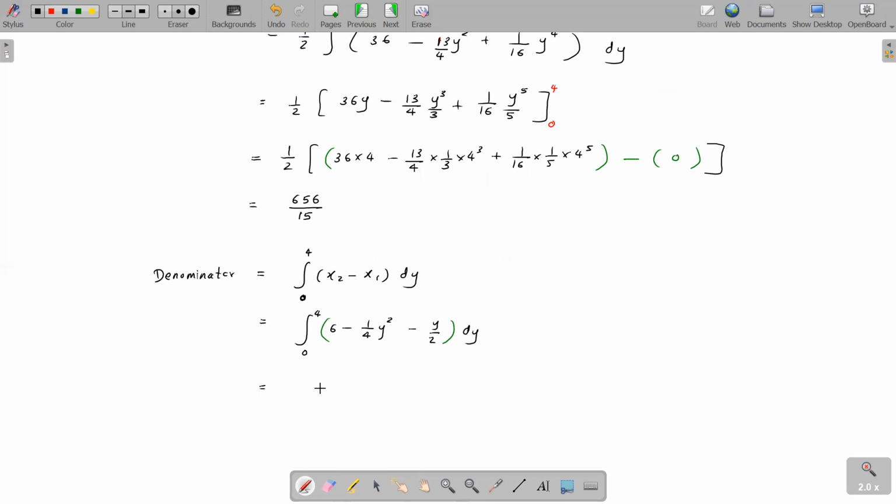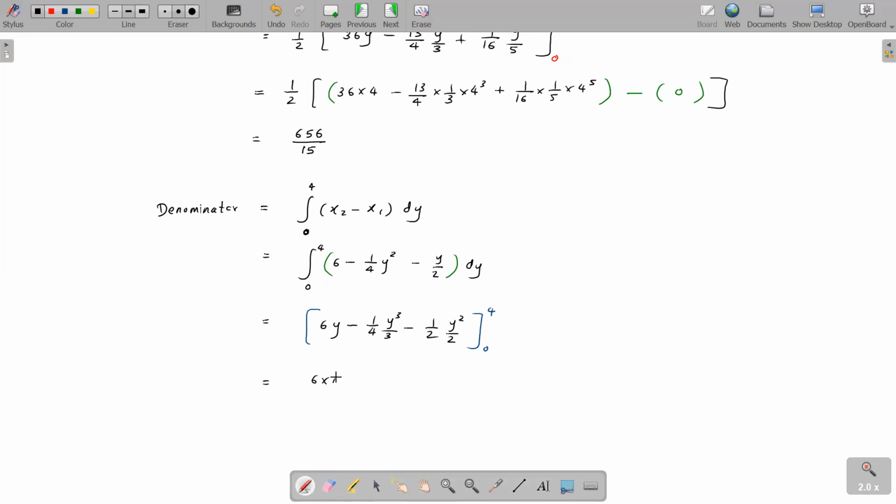Okay, so now I think over here there's nothing to do much. So you can directly go for the integration. This is 6y, 1 over 4, y cube over 3, half y square over 2. And your integration limits are from 0 to 4.